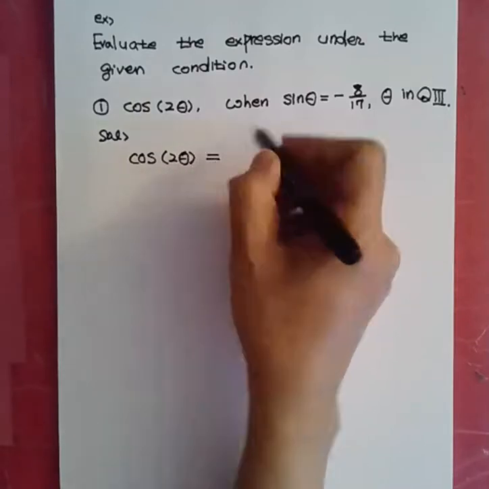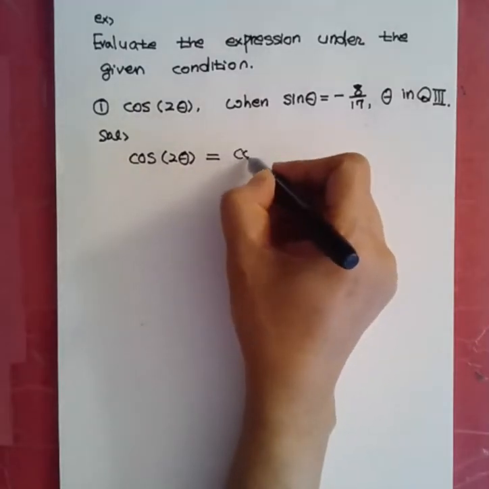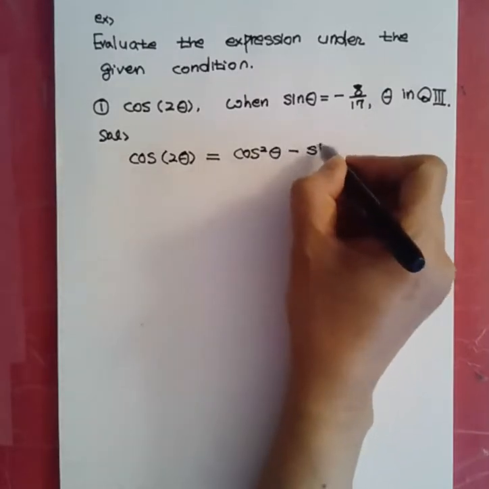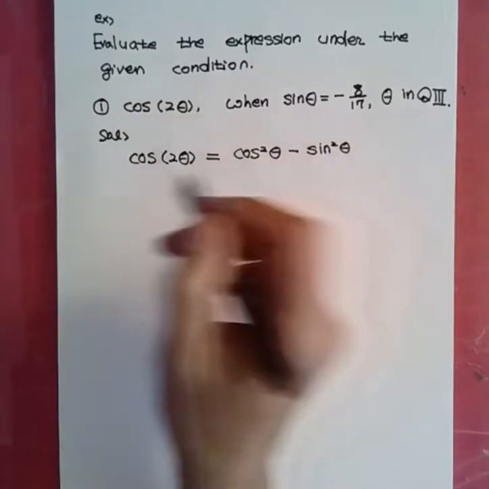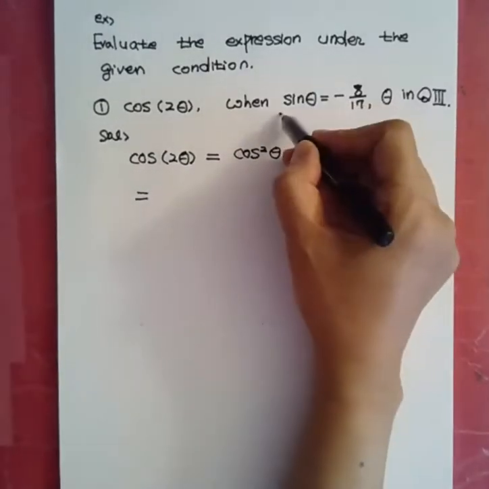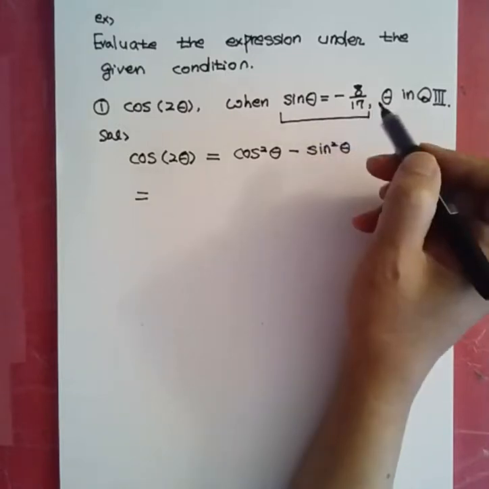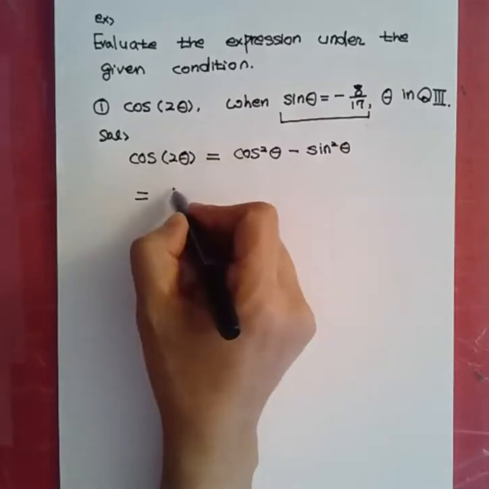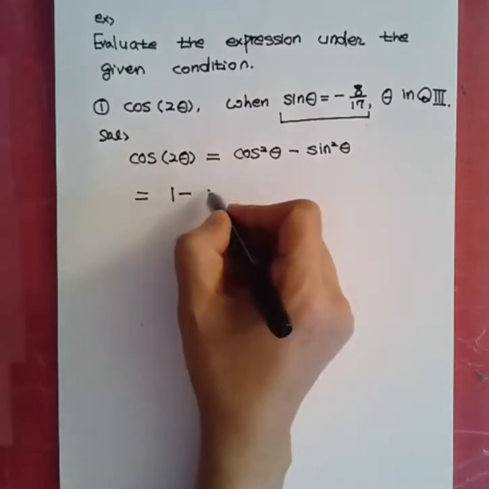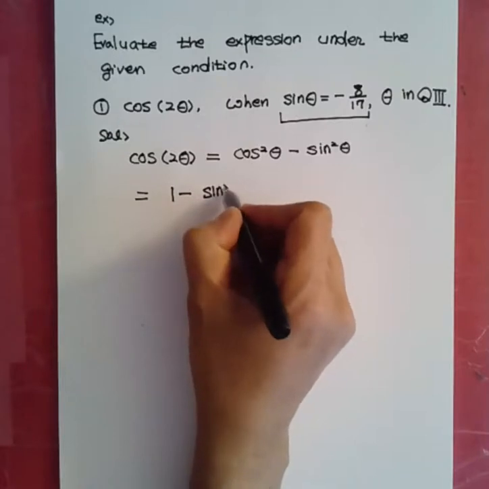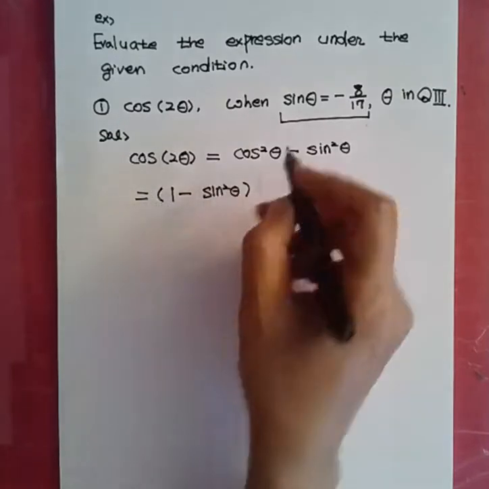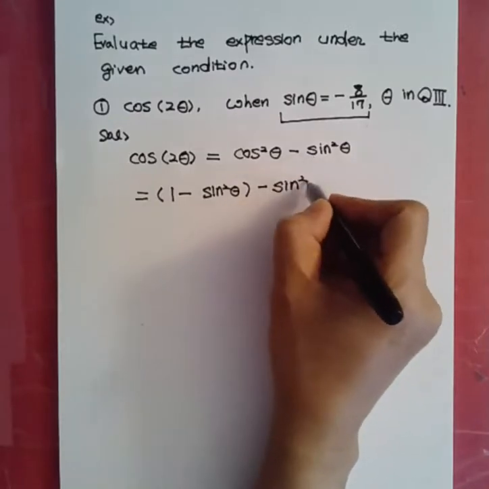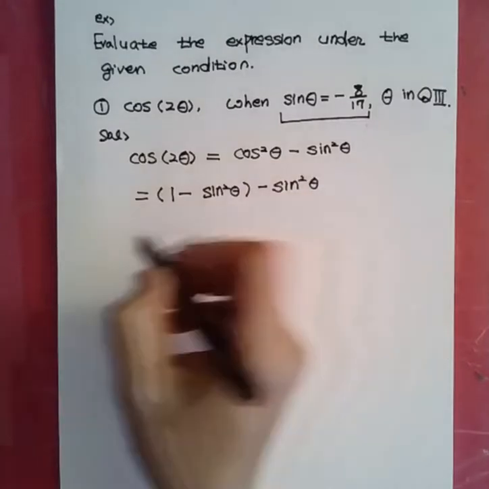By applying the sum formula for cosine, we have cosine squared of theta minus sine squared of theta. In this problem, the condition is about sine of theta, so we want to re-express cosine squared of theta by writing 1 minus sine squared of theta. What I applied was the Pythagorean identity, then minus sine squared of theta, which came from here.